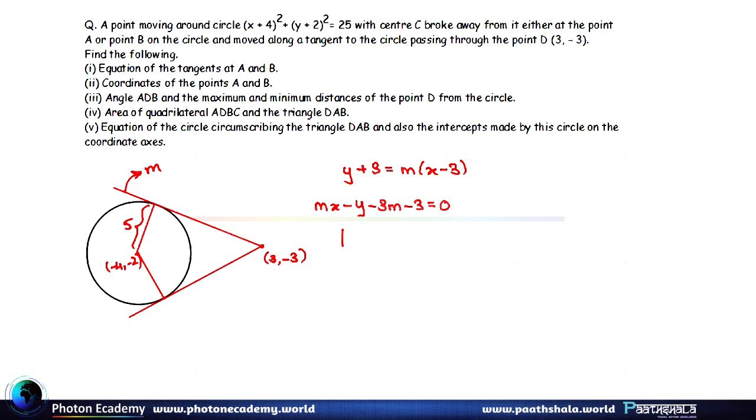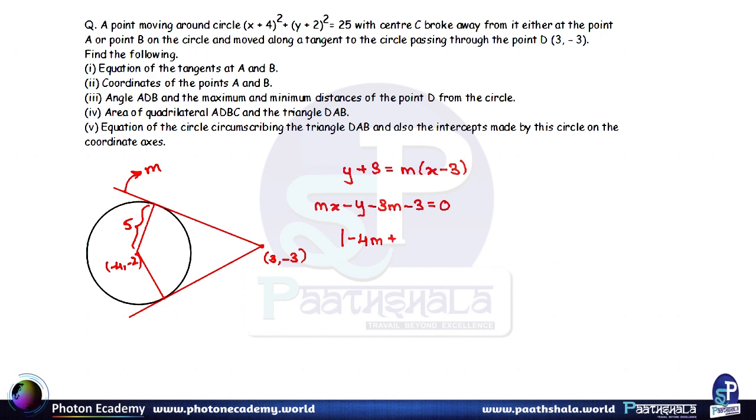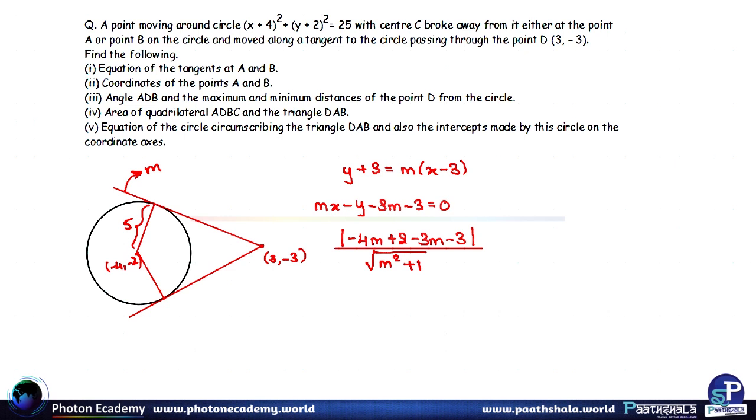So we have to substitute -4 and -2. So this will become the modulus of -4m plus 2 minus 3m minus 3, upon the square root of m square plus 1, and this is equal to 5.